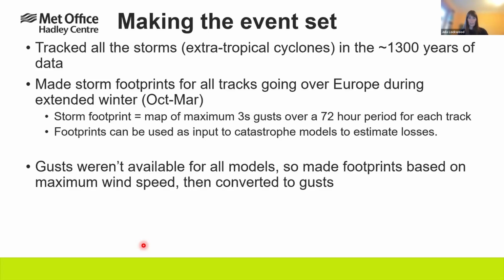expected losses from windstorms. But one of the issues we encountered was that the 3-second gusts weren't available for all of the models. They just would have the daily maximum wind speed. So we had to make the footprints based on the wind speed and then convert to gusts afterwards.